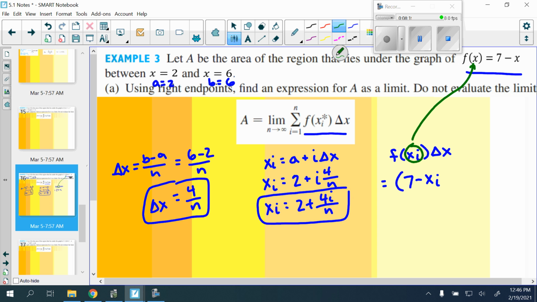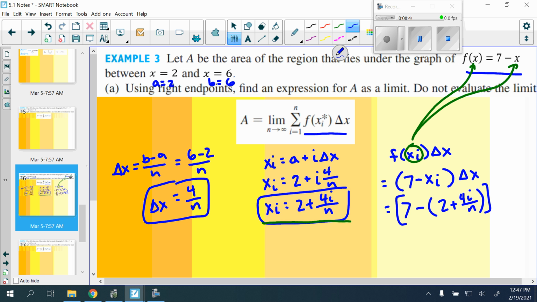That's what we see here. Times our change in x. So if we plug in what our x of I is, which we had just previously, 2 plus 4I over n, and our change in x here is 4 over n.